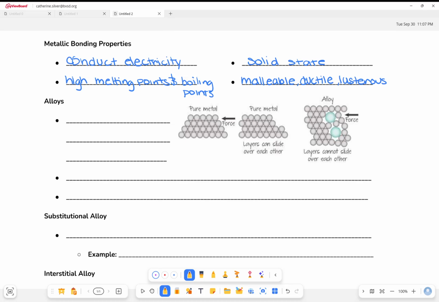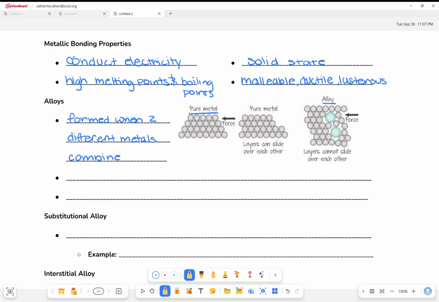So in addition to pure metal, we can have something called an alloy. This is formed when two different metals combine. Over here we see a pure metal compared to an alloy.